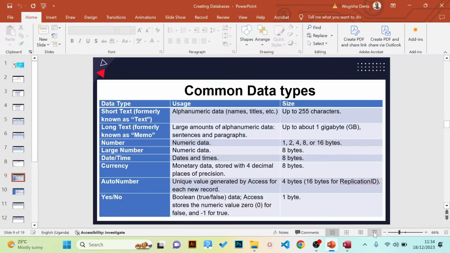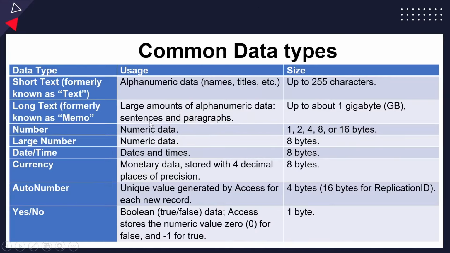Now these data types have different purposes. Let's just broadly try to discuss them briefly. Short text data type is used to store alphanumeric data, and it stores up to 205 characters.